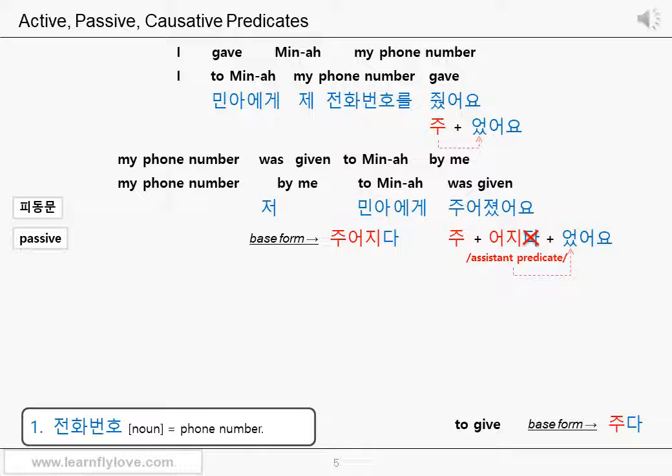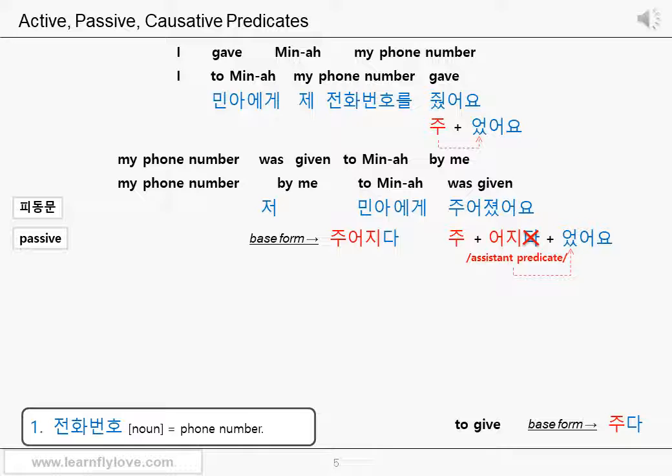First, the particle 에게 has already been used for 민아, who is the receiver. You cannot use the particle 에게 again for 저, who actually gave the phone number to Mina, because the audience will not be able to understand which 에게 indicates what exactly.